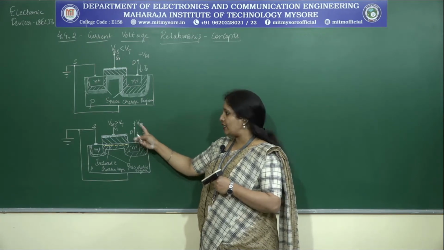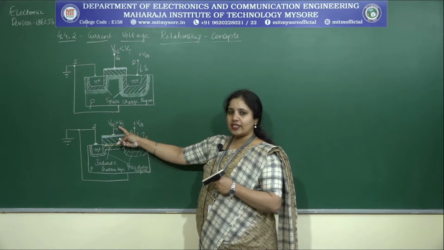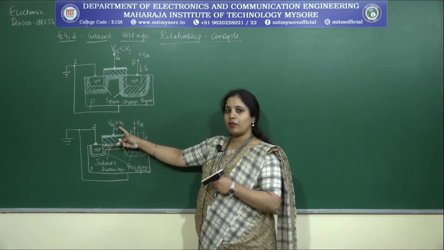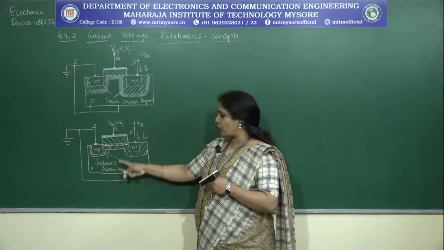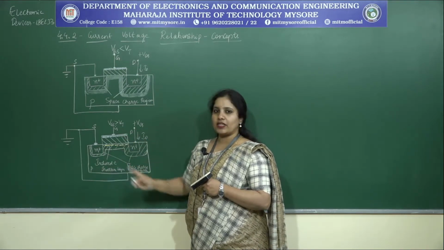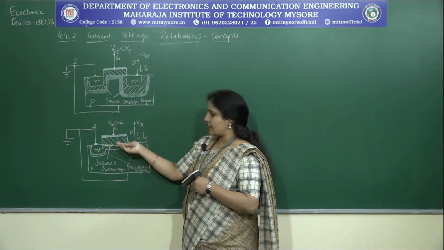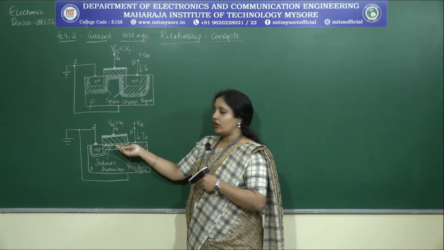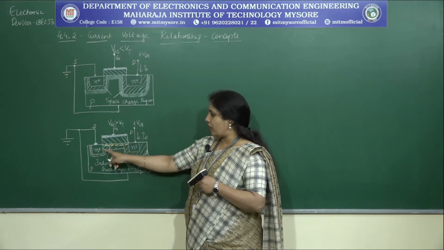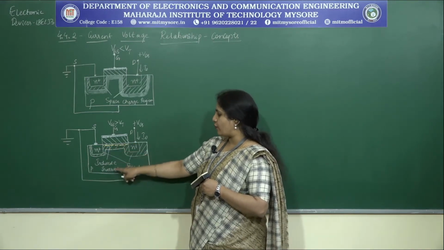Now, under this case, as my VGS is greater than VT, that is the minimum voltage that has to be provided across the gate in order to attract the electrons which are present in the p-type semiconductor. Once these electrons get attracted towards the gate terminal, they tend to accumulate and form what?